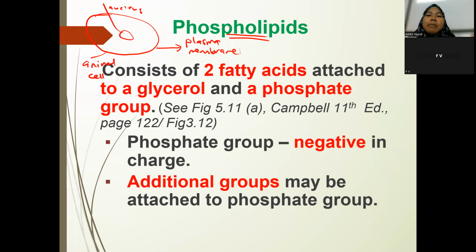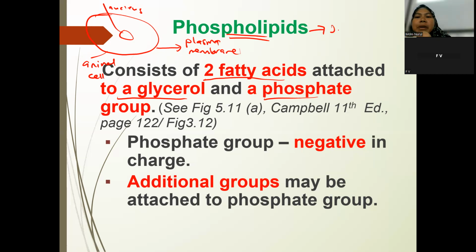So, kita nak tengok apa rupa phospholipid ni. Okay, right. So, phospholipid made of 2 fatty acid attached to glycerol, okay, and a phosphate group. Okay, so to make it simple, tadi ingat, fat made of 3 fatty acid, 1 glycerol.